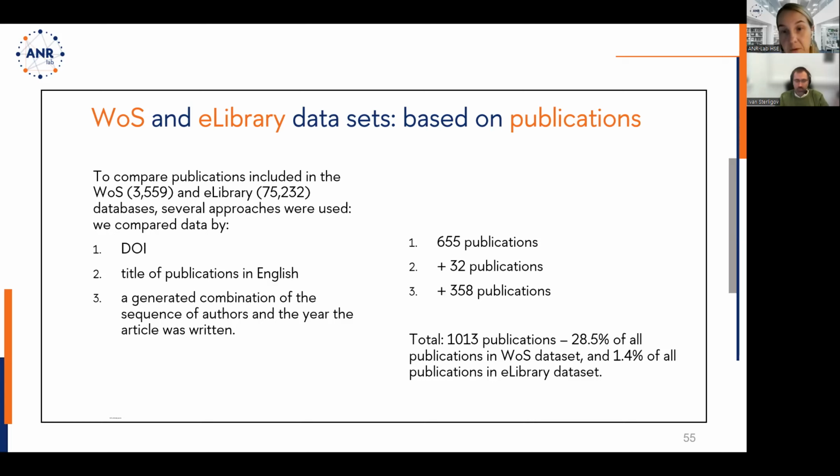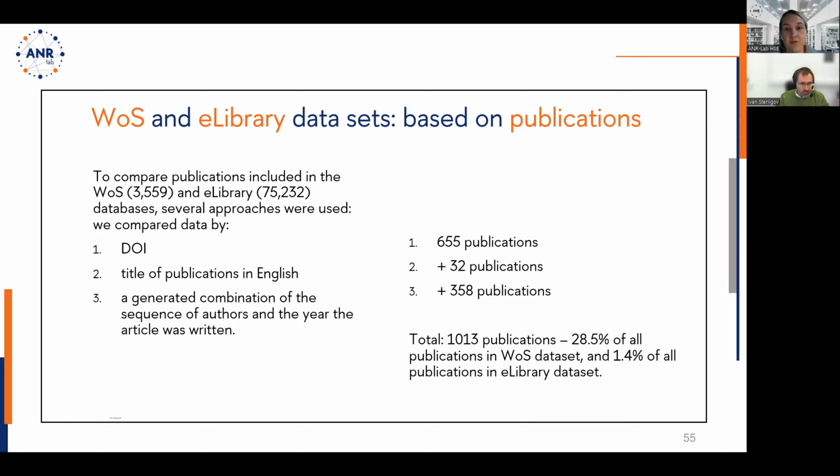So in total, we found 1,013 publications, which is about 28% of all publications in the WOS dataset, which are also included into this eLibrary dataset. Of course, we are not sure that we found all the similarities between publications.